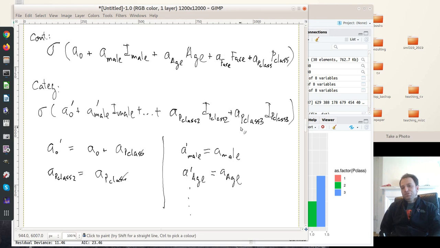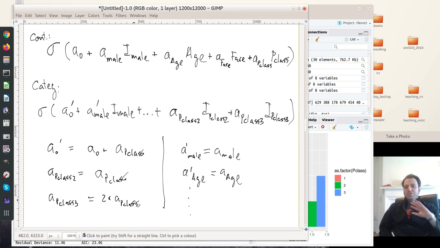And then if we want to also predict the same thing for third class, we'll just make sure that AP class 3 is equal to twice AP class. So why twice? Because here we'll predict A0 plus AP class times 3. So here we also want to predict that, so we'll add A0 prime, that's this stuff, and then we'll also add this part, and we'll get A0 plus 3 times AP class, so we'll get the same thing again.